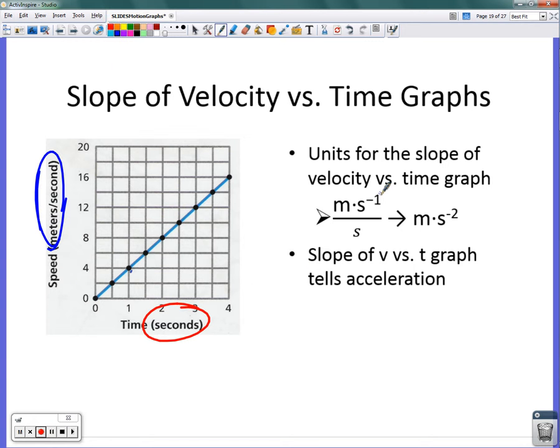Or delta y over delta x, meters per second over seconds. That's the unit for acceleration. Or, as IB would abbreviate it, meters over seconds squared, or meters times seconds to the -2 power. Right? This tells us how much the velocity is changing. So the slope of a velocity versus time graph tells us the acceleration of that object.